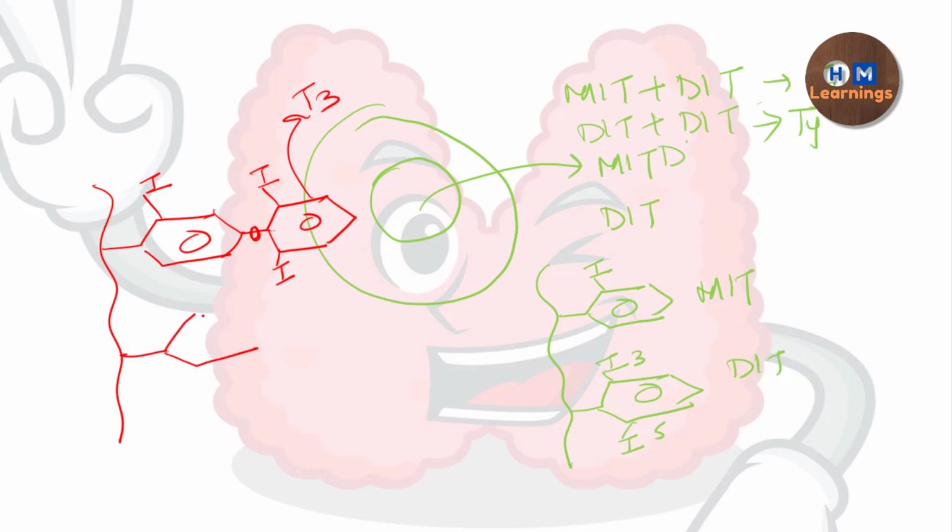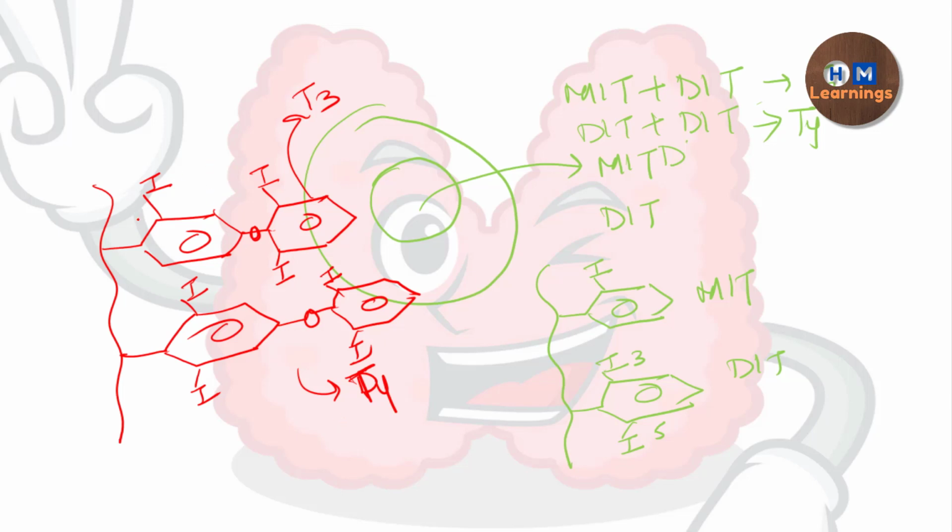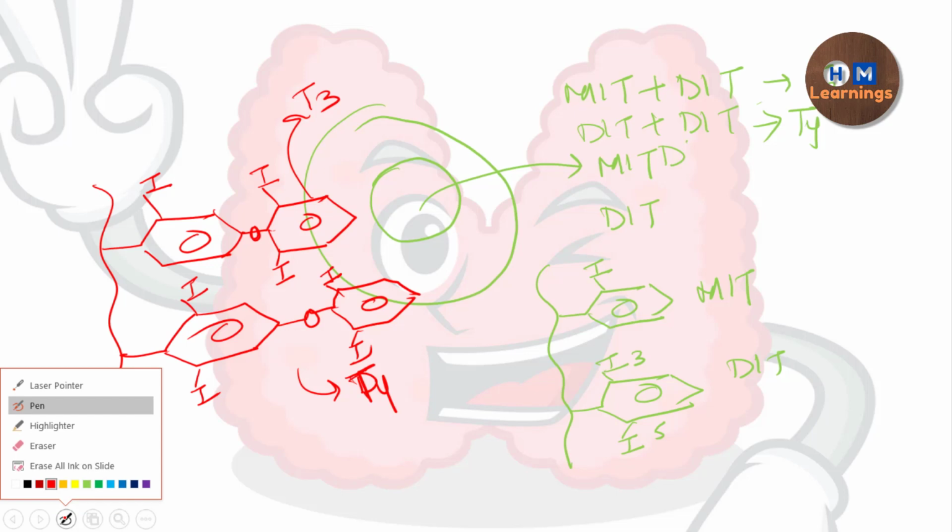Then this thing, ether bond, and we have this. So this is I and this is again I. Here one more and here one more. So 4 iodines. So it will form T4. But they are still attached to the thyroglobulin. So this is what you mean by the coupling reaction, again catalyzed by the thyroid peroxidase enzyme in the presence of H2O2.